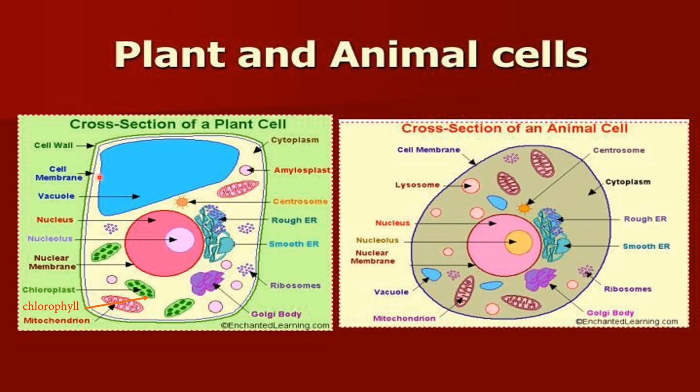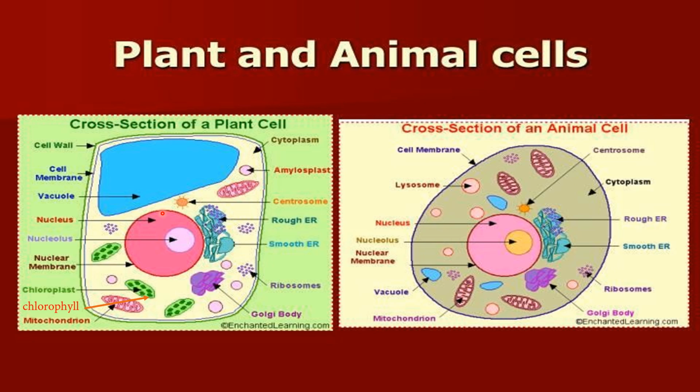And the other difference, here you can check the cell wall that is outside, and then we have a cell membrane inside the cell wall, a little bit away from the cell wall. Whereas an animal cell doesn't have a cell wall on the outside, it only has a membrane.